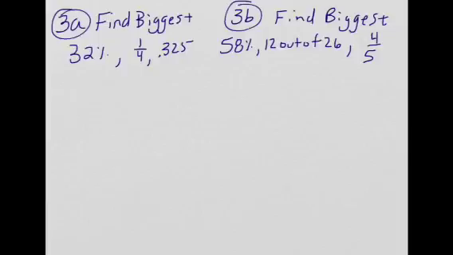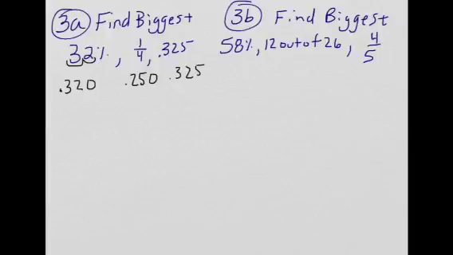All right, find the biggest. So the easiest way to do this one is to change all of them to decimals. So this first one, we would find our decimal behind the 32, and we would move it 2 places. So this is going to be 0.320. We're going to punch 1 divided by 4 into our calculator. We'll get 0.250. And then we have our decimal 0.325.